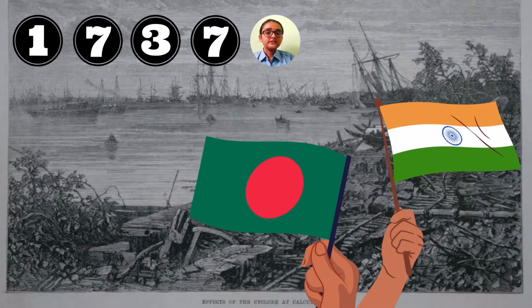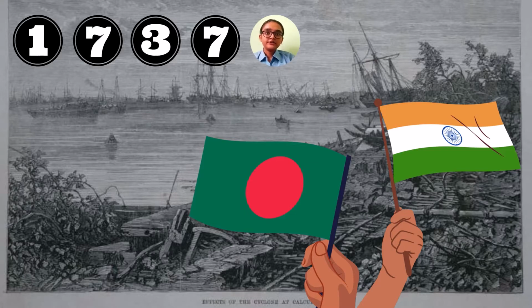The cyclone devastated the city of Calcutta, destroying the majority of buildings and structures, mostly made up of wood and having straw roofs. Many existing brick structures were also damaged beyond repair.